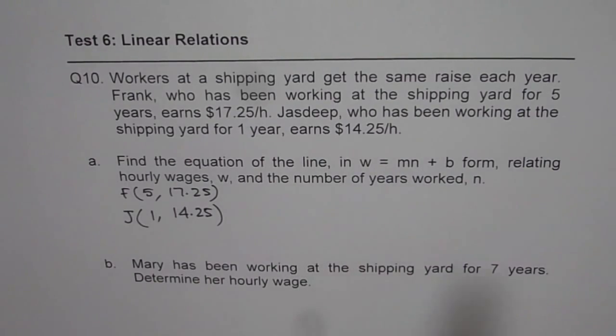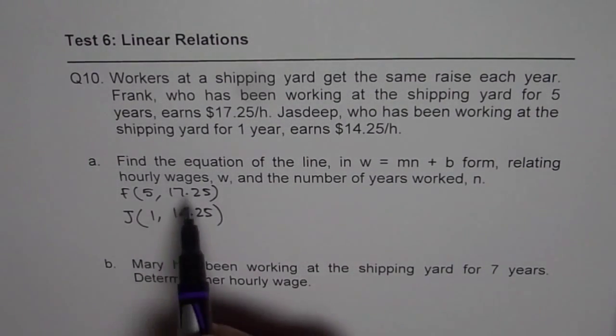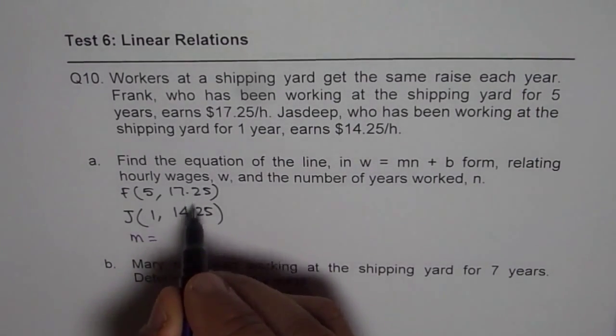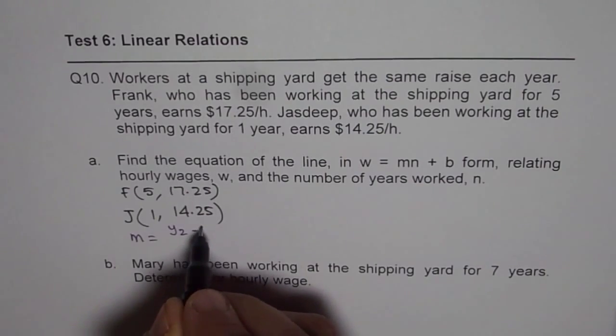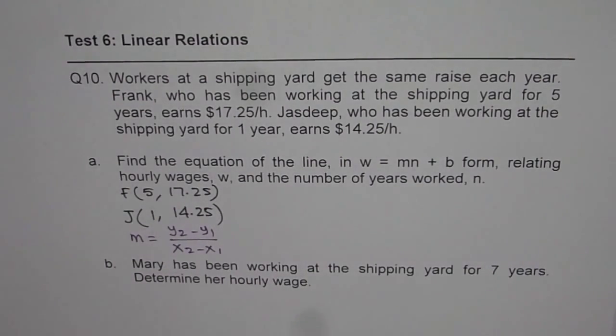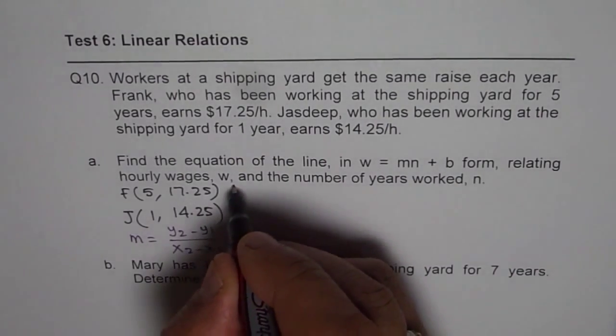To find m, we can find the slope here. So m will be equal to y2 minus y1 over x2 minus x1. Let me write that here, and we will do further calculations on the right side.